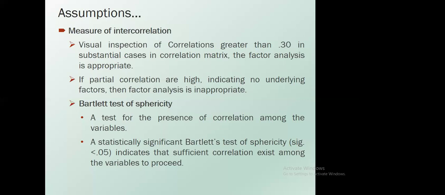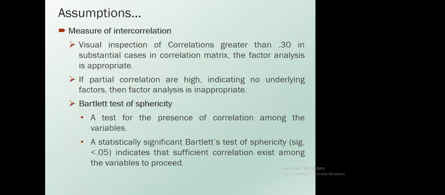Very, very important. I'm repeating it once again. Before you perform factor analysis, please perform this test, Bartlett's test of sphericity. SPSS does it by default. I will show it to you.